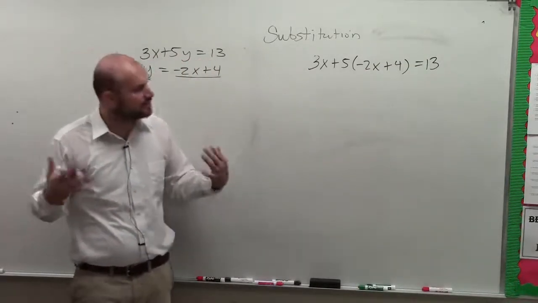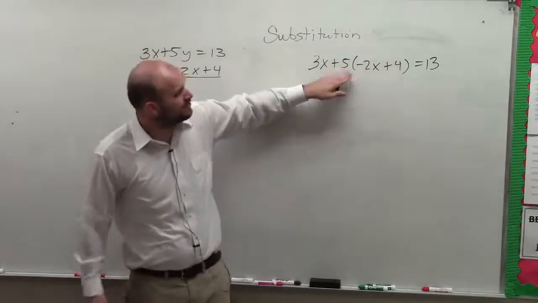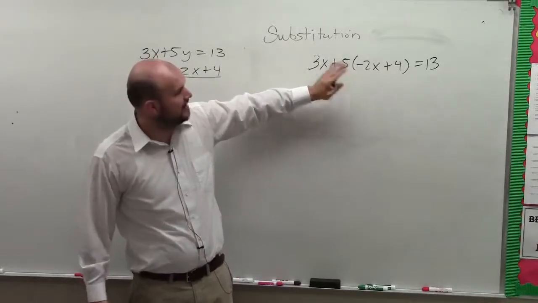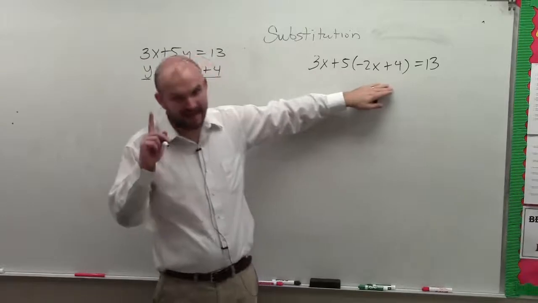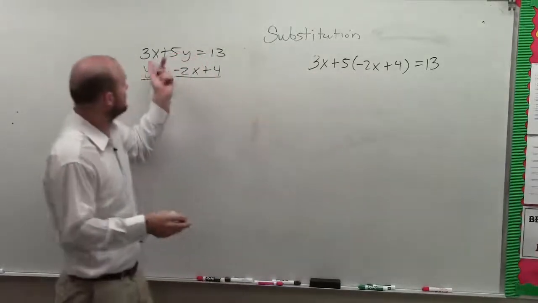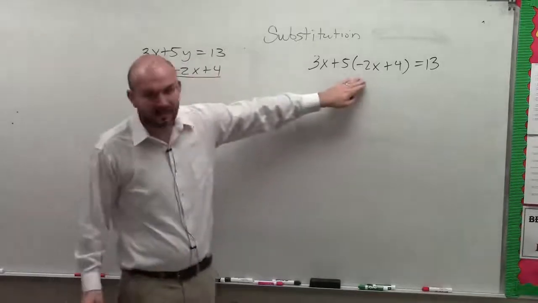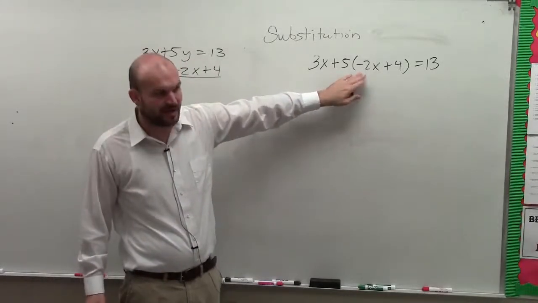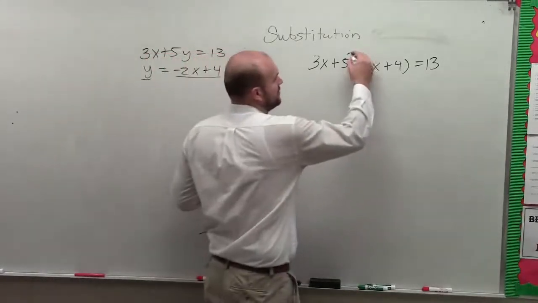Now, the reason why that's so important is because now I have created an equation that only has one variable, x. Yes, it has 2 of them, but I'm only dealing with x. I'm not dealing with x and y's. So now I can solve this. This is a multi-step equation. So I apply the distributive property.